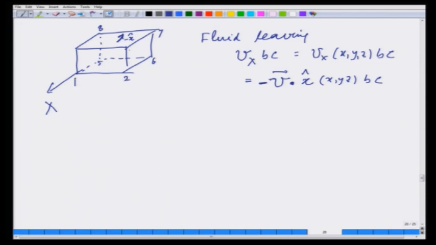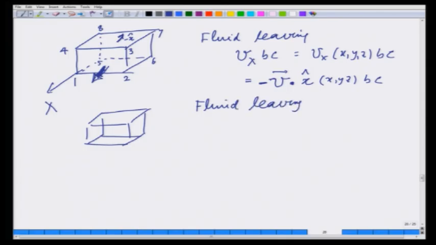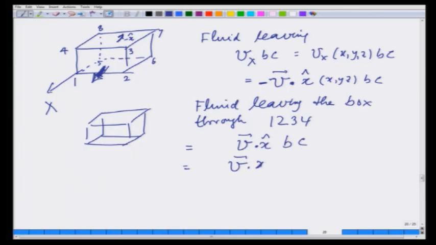Let us look at surface 1, 2, 3, 4. At 1, 2, 3, 4, fluid leaving would have that component in the x direction, and therefore, fluid leaving the volume, the box through 1, 2, 3, 4 is going to be equal to the component of V in the x direction, right, coming out of the volume, right, times B c again, and this V though is going to be at x is now x plus a.